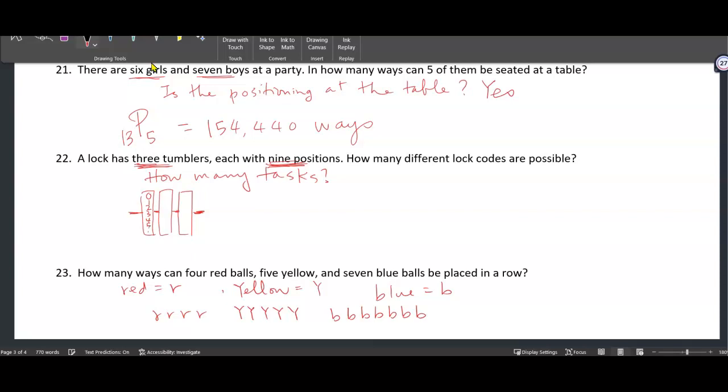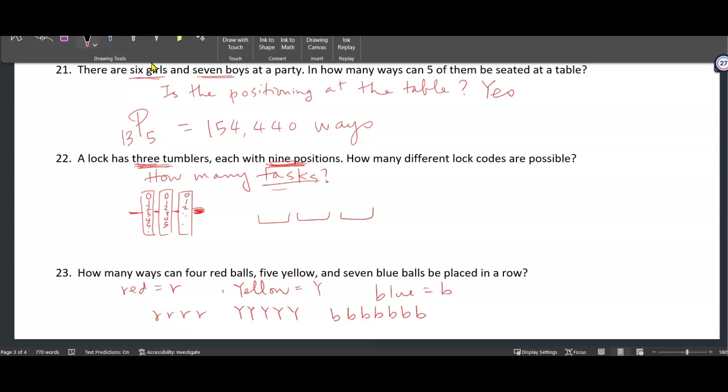and you have like 9 choices in each one. It doesn't have to be 0, 1, 2, 3. I'm just making that up. It could be A, B, C, D, E for all you want, right? But you have 9 choices for each one of them. And so you have to know how many tasks. So you are rolling a tumbler, that is 1 task. So you have each tumbler to roll to match the horizontal bar, here is a task.